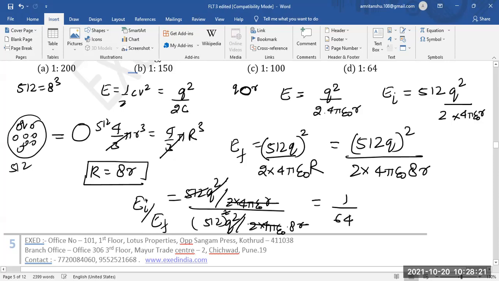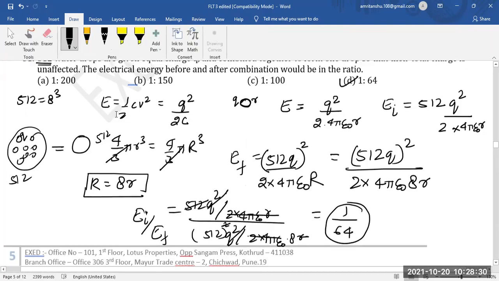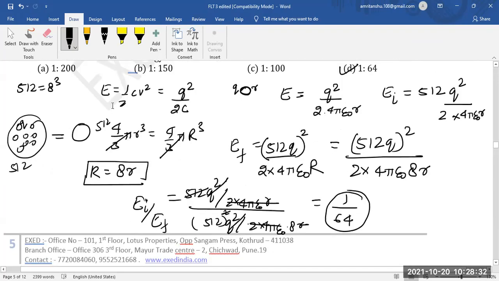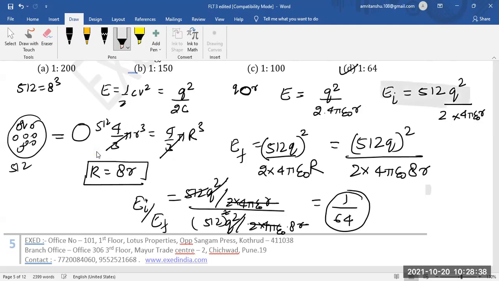You can solve it and see it yourself, you get 1 by 64. So our answer will be this. After we calculate the initial and final values, we have to take the ratio of these two values, and you get 1 by 64.